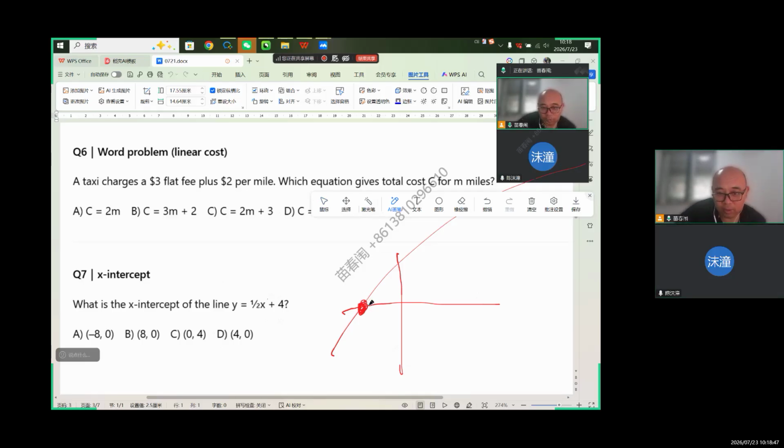Because your y coordinate is 0, if it's 0, I plug in. Oh, that's good. -4, 1 over 2x, x is -8. Yes, A is right. Good. You're right. The answer key got it wrong. I guess you can't totally trust the answer key from time to time.